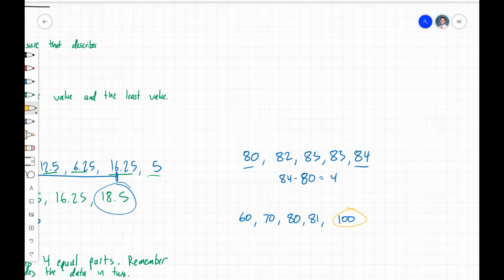But if we find the range, that's 100 minus 60. This student's range is 40. So the range tells us about the variation in the scores. Probably you want to be more consistent. This first student with the scores of 80, 82, 83, 83, 84 has very consistent test scores.